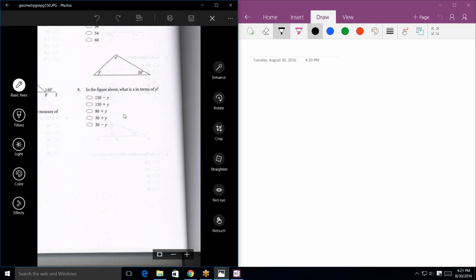Okay, number 8. What is x in terms of y? Start with the equation. Write an equation that describes that picture.